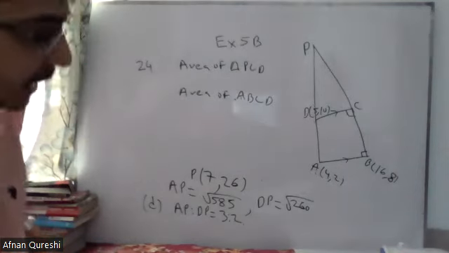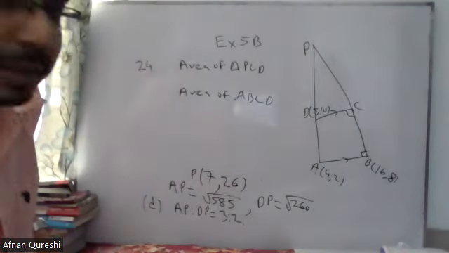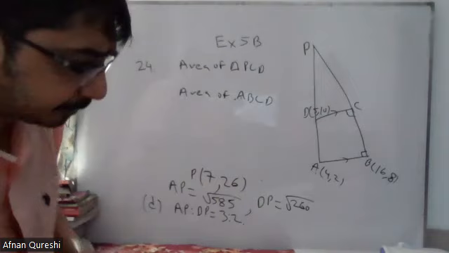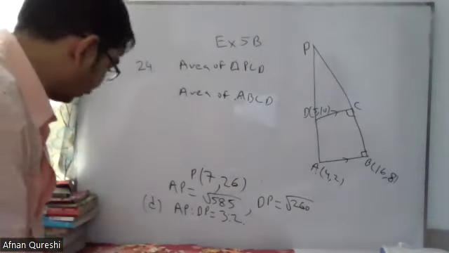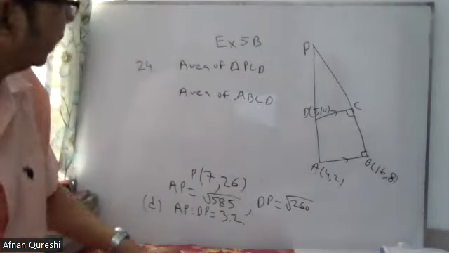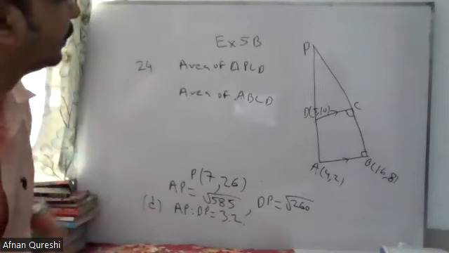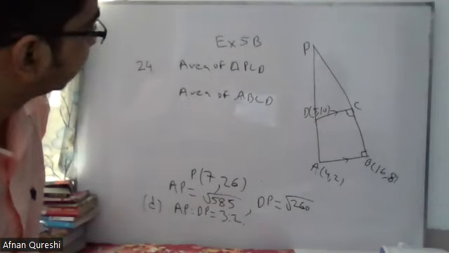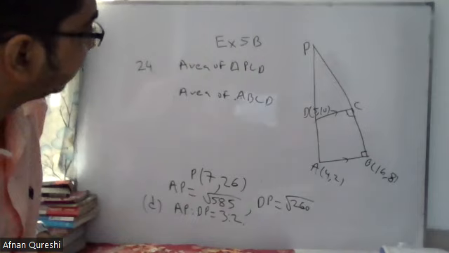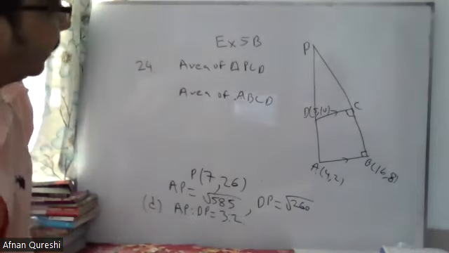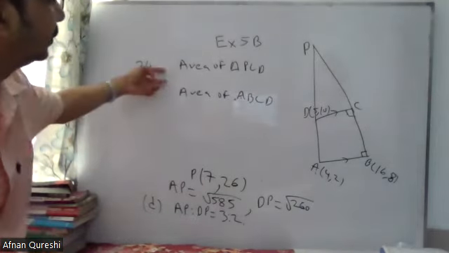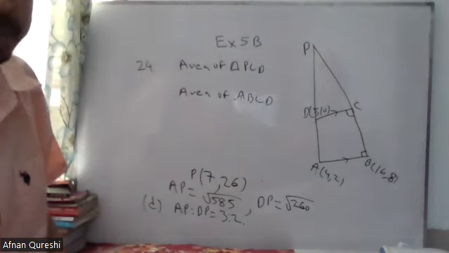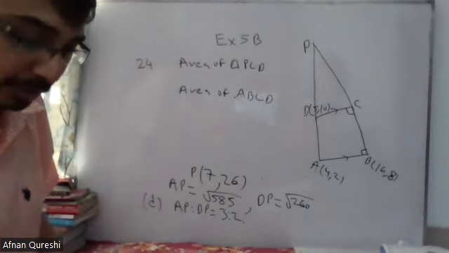But if it doesn't come to your mind, finding the individual areas using the shoelace method is a very good idea. Find the area of PCD and of the trapezium using the shoelace method, then simply divide, and you get the ratio.